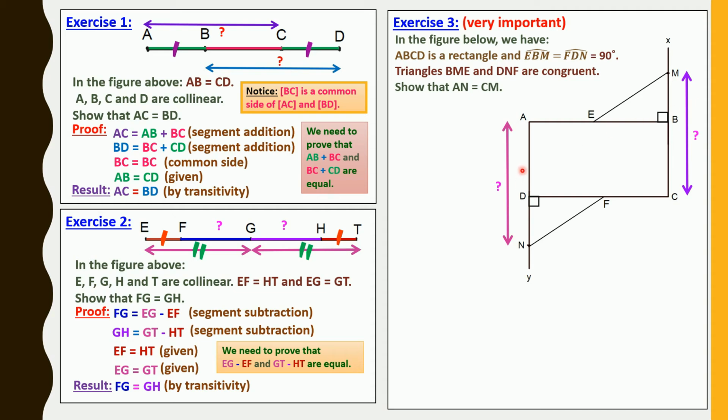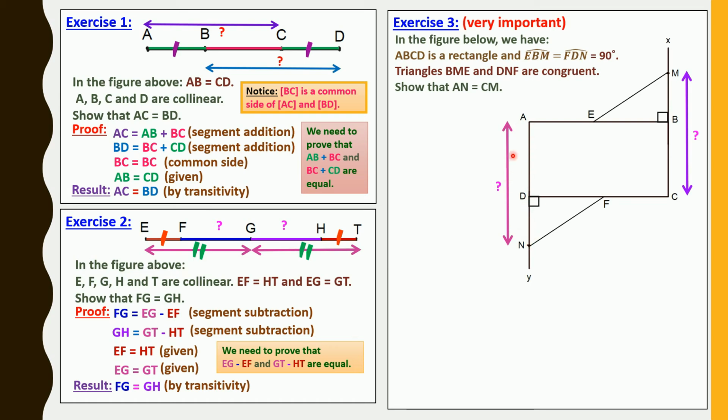In this exercise also, we don't have any measurement given to us, so I cannot prove that these two segments are equal by calculation. So I need to think of another method. Let's try using the transitive property also. Here, can I use this property? Are these 3 points collinear?